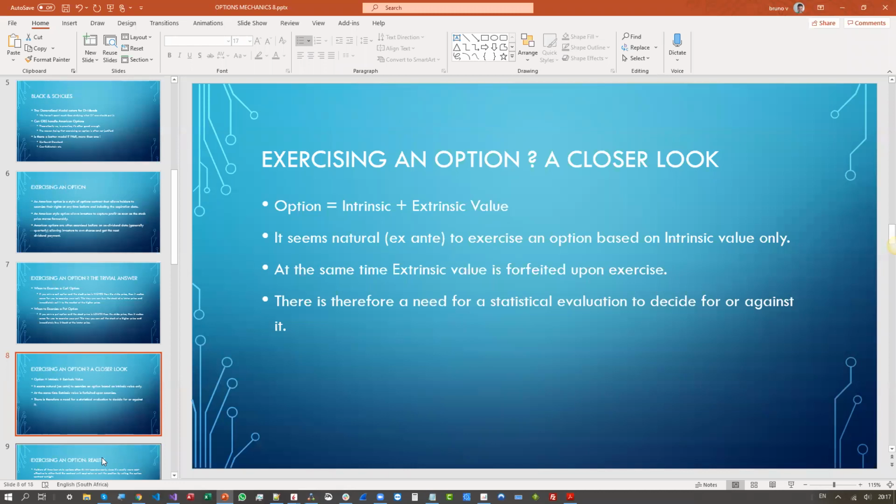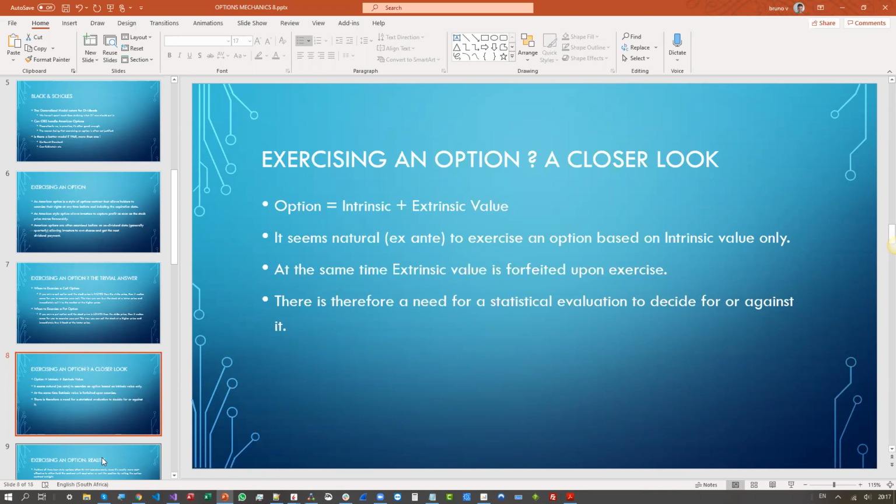So you basically give up on extrinsic value. And extrinsic value is where all the Greeks become important. That's where all the stats, the Vega or the IV, so the probability of ending up in the money, now gets more important.